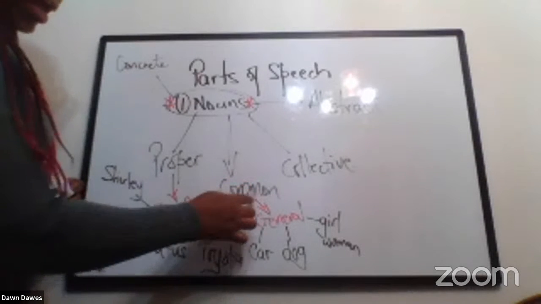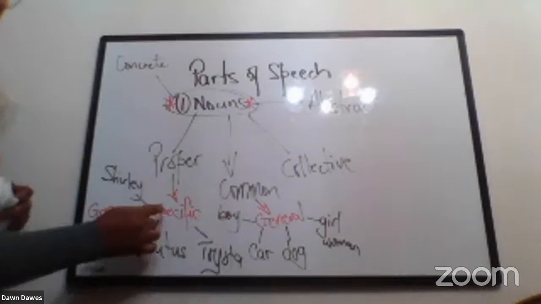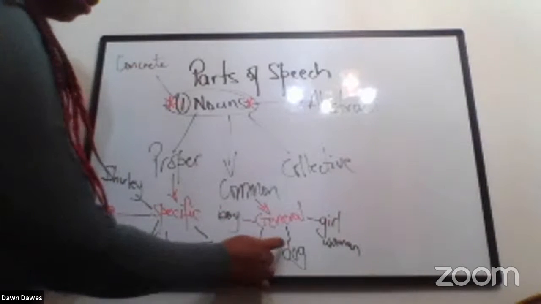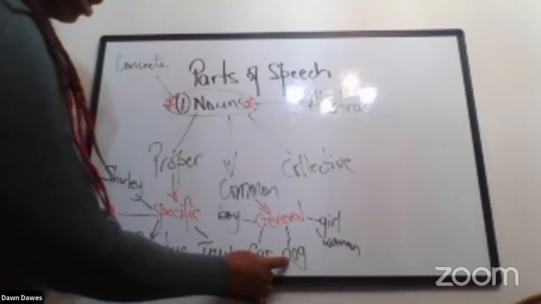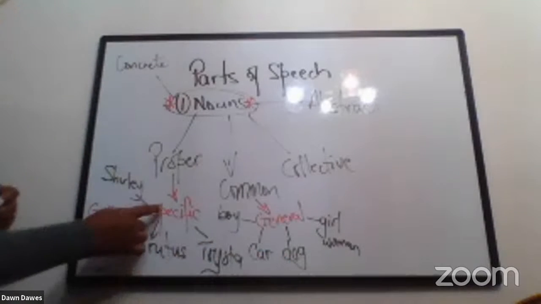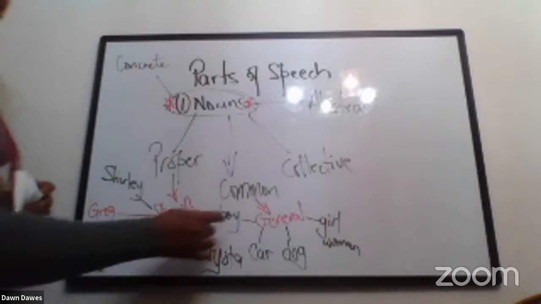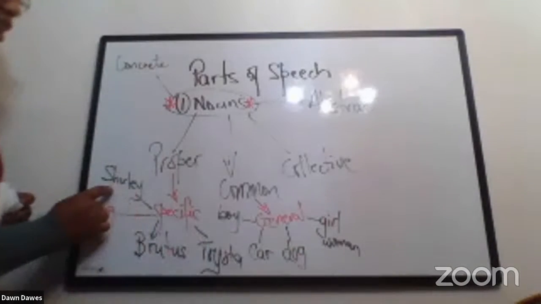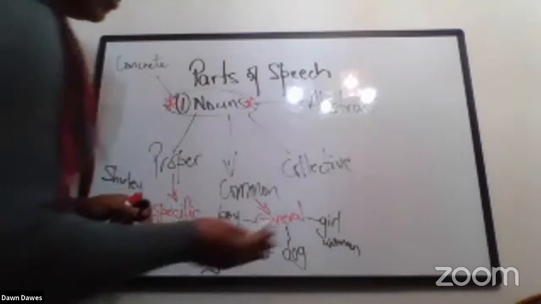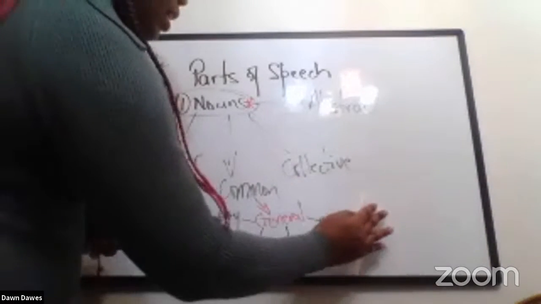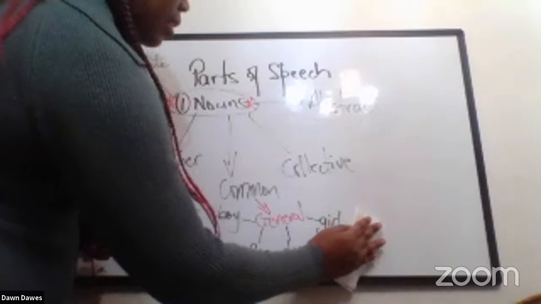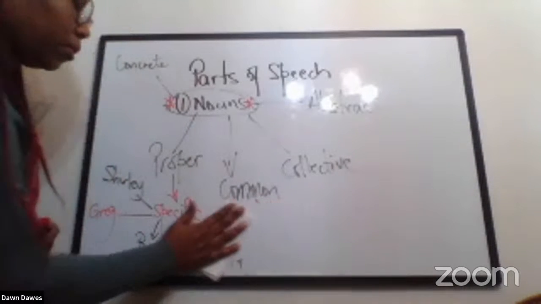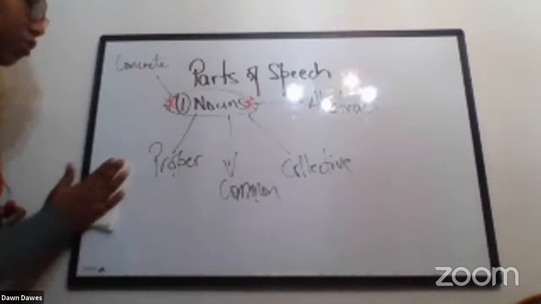For boy, general boy, specific Greg. General name dog, specific name Brutus. For common, you have girl or woman, specific Shirley. Okay, so that takes care of that. Let me erase this for now.